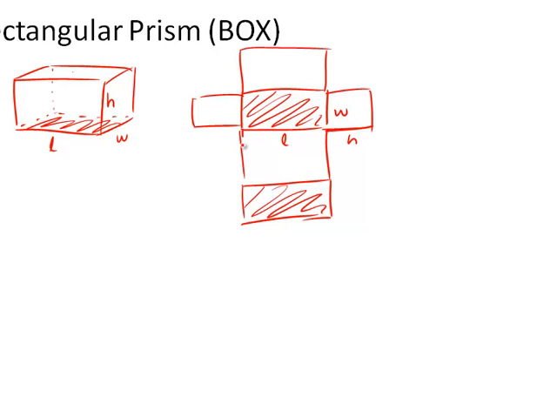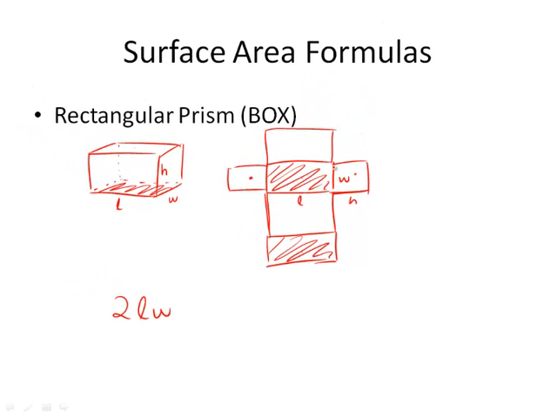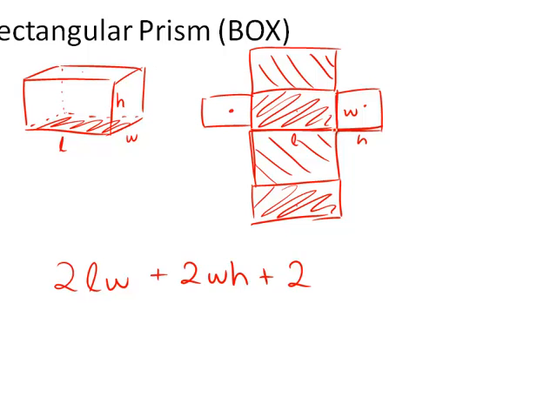Okay, so we've got 6 sides, and you can notice that there's 2 of each type. You've got 2 of the length times width ones. You've got 2 of these width times height ones. And you've got 2 of these other sides, which are length by height.